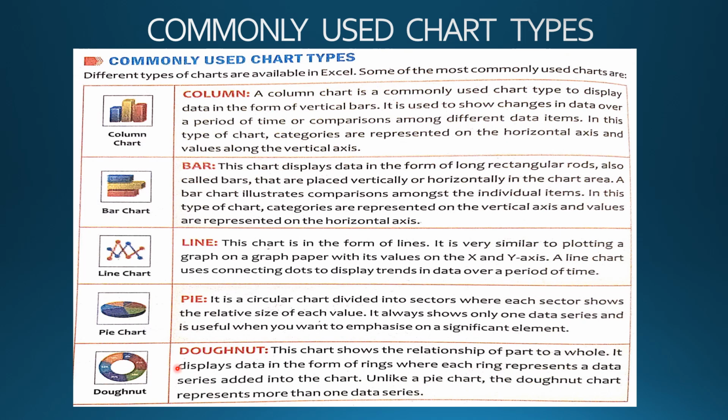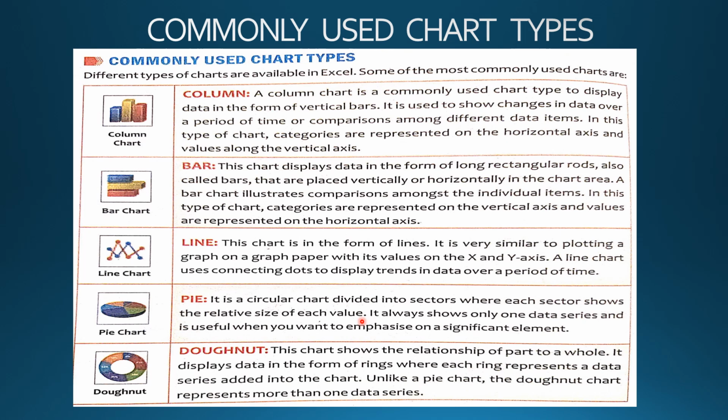Then next we have the pie chart. It is a circular chart divided into sectors where each sector shows the relative size of each value. For example, if I tell you about the content of different gases in the air, the percentage of different gases present in the air can be easily shown in the form of a pie chart.